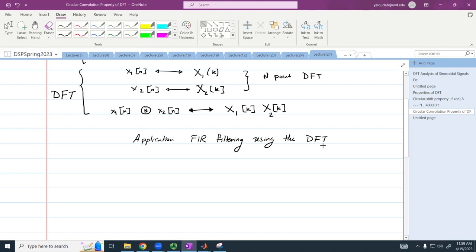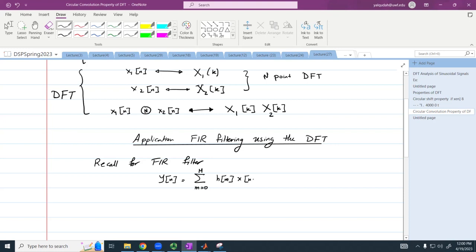So for an FIR filter, the output y of n of the filter is going to equal the summation from m equals 0 to M of h of m x of n minus m.